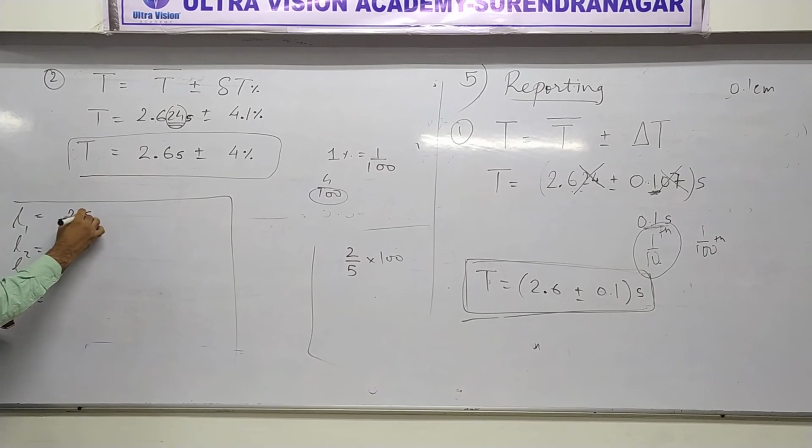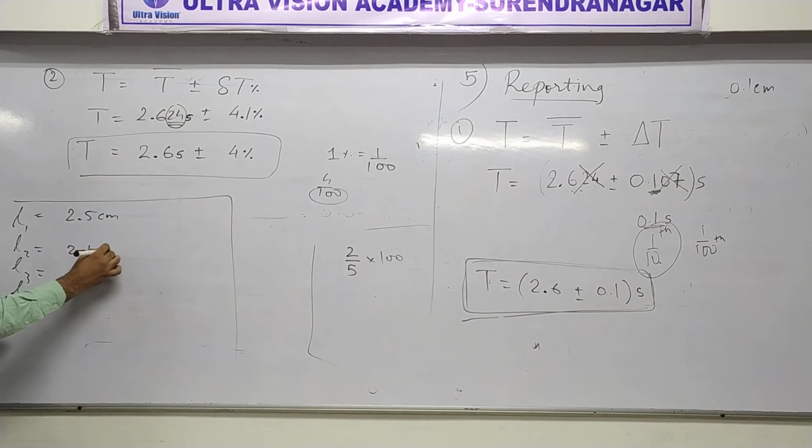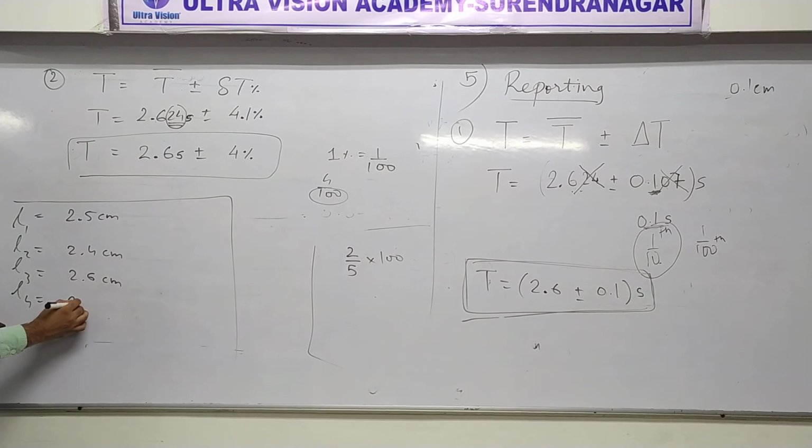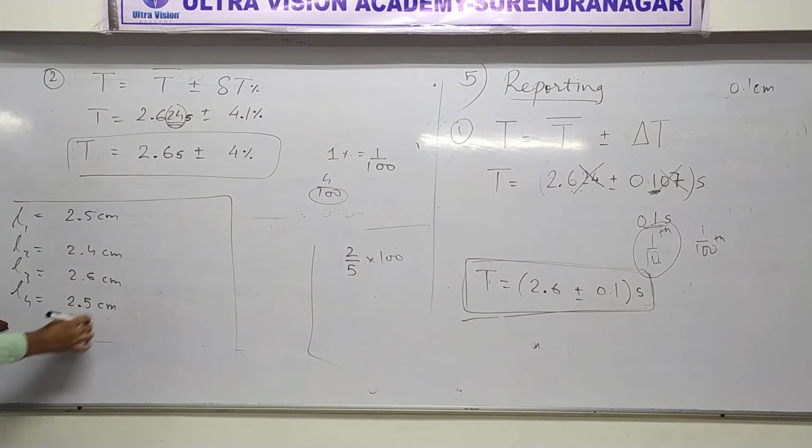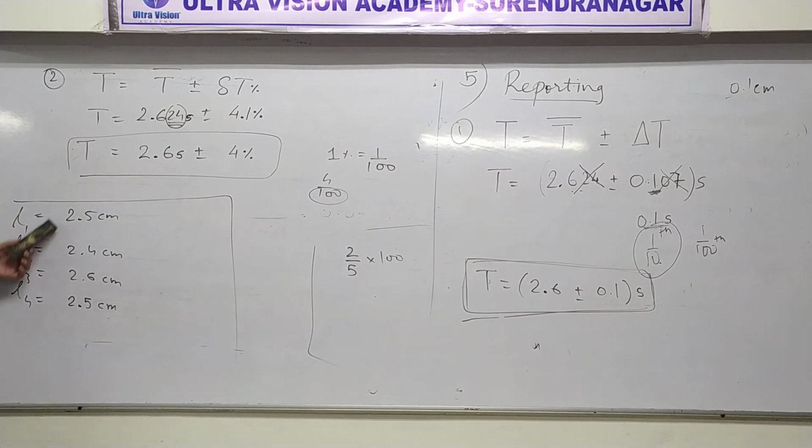Let's say they are 2.5 centimeter, 2.4 centimeter, 2.6 centimeter and 2.5 centimeter. Sometimes it happens that values repeat, not every time. 2.5, 2.5, 2.5, 2.5 is not like that. So these are 4 measurements.